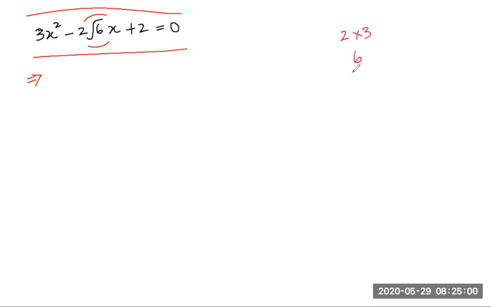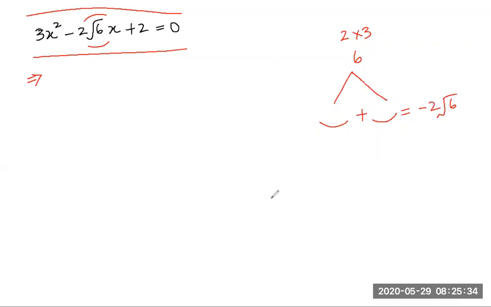Now this 6 must be divided into 2 parts whose sum is equal to the coefficient of x. The coefficient of x is minus 2 under root 6. So Sargun, can you guess what are these two terms whose sum is minus 2 under root 6?